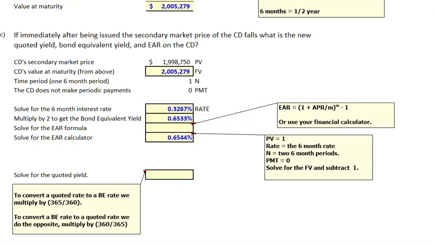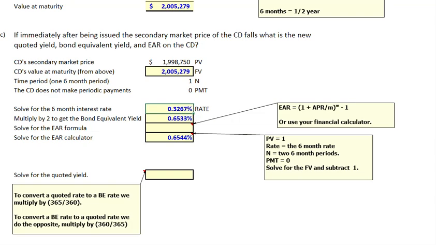Or we could use our formula for the EAR, where again our APR is the bond equivalent yield, and we can divide that by 2. And we really don't even need to do that because we already have that rate divided by 2 right there.